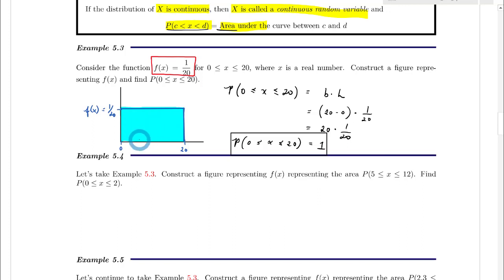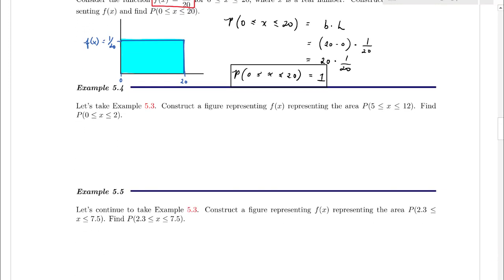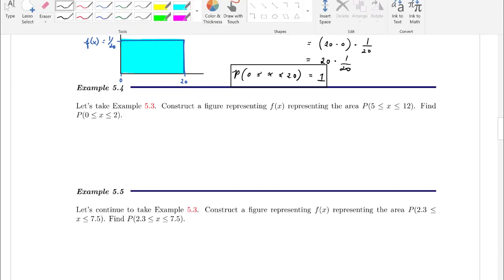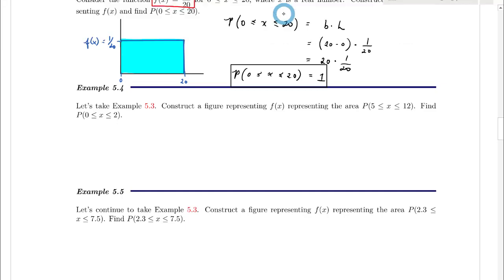Okay, kind of going with this. Now let's play with this, right? Let's not make it so plain Jane. Let's go ahead now and go to the next probability we want to find.